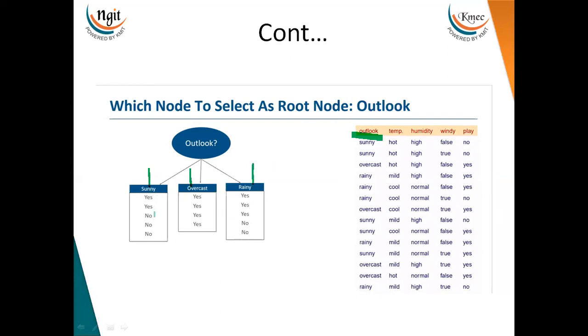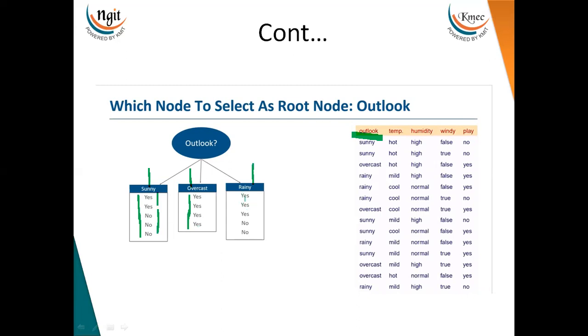Now, how many sunny values am I having? 5 sunny values. Out of 5, 2 are yes, 3 are no. How many overcast values am I having? 4, out of which all are yes. It means the probability will come 4 by 4, that is 1, and the entropy will be low in this case, because it is the purest subset of my data set.